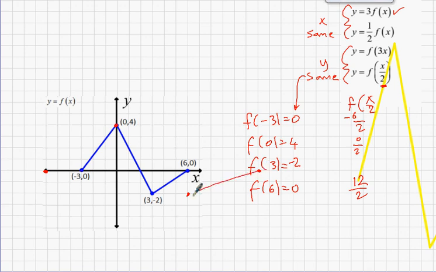So when you draw the new one, this is going to be the graph of y is equal to f of x over 2. Did you get the idea? Right now, for this moment, did you understand the process which I made?